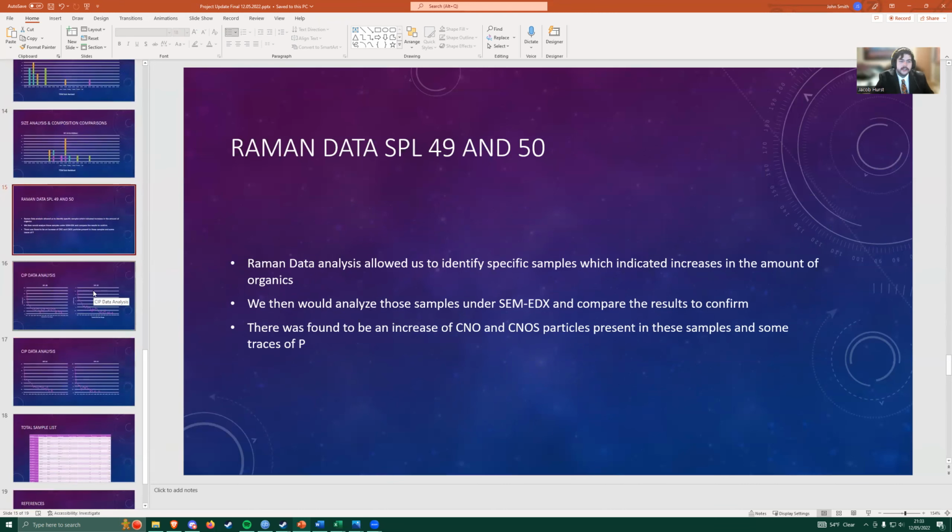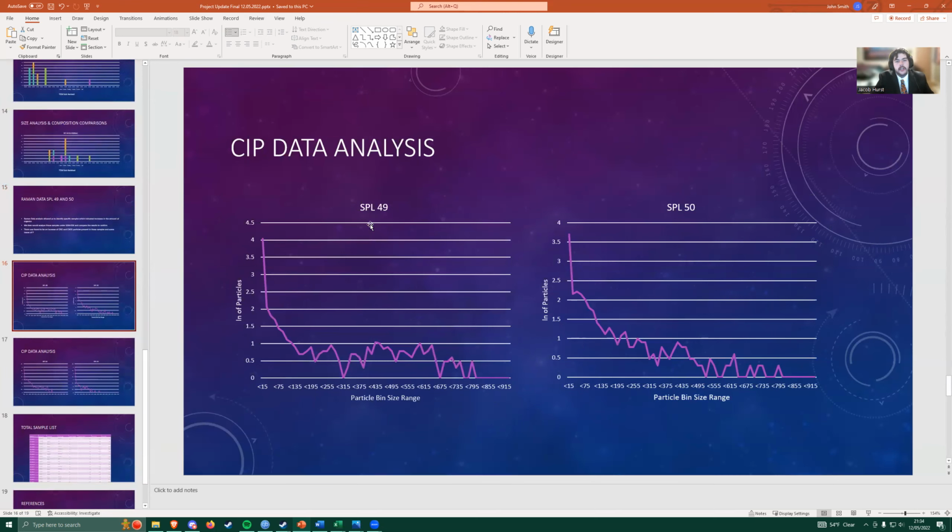So now I'm going to go ahead and go down to the CIP data analysis here. For our CIP data, I was talking earlier about having these upper range size particles. What we can tell from this is this was probably inside of a cloud in a storm period, which I think confirms what our person on site noticed and wrote down as their observation of weather.